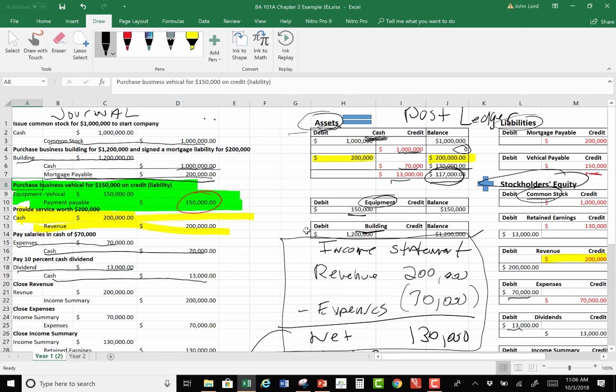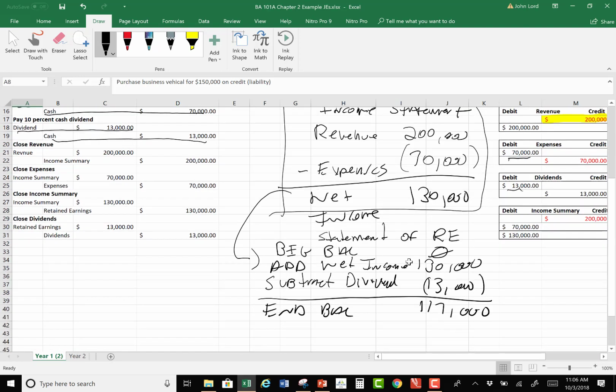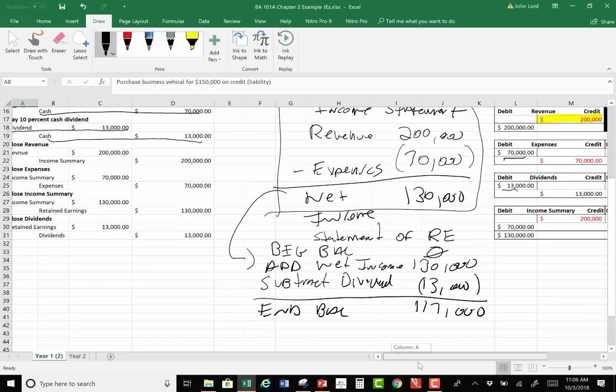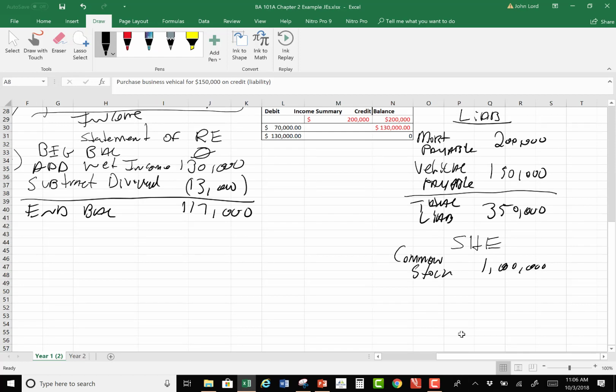But because I've already prepared my statement of retained earnings by taking the beginning balance plus my net income minus my dividends, I know what the balance should be, don't I? It should be 117,000. So I'm just going to go ahead at this stage and pick up the retained earnings, what I know the ending balance is supposed to be, which is 117.